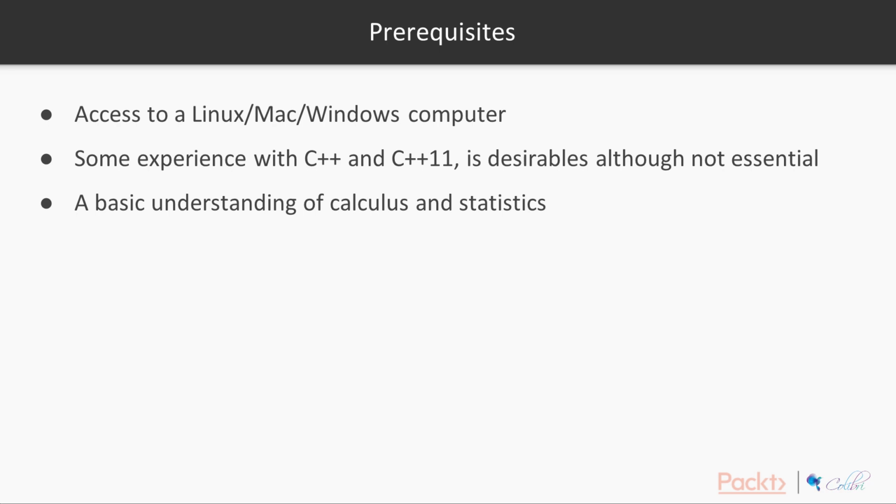However, I do recommend that you understand object-oriented programming, because that will make it a lot easier to see what's going on. You will also need a basic understanding of calculus and statistics. Now, obviously don't go back and dig up all your maths books, but you might need to go back and just check something as I'm going through it, but it should be very easy to follow, and I like to think I've explained it very clearly.